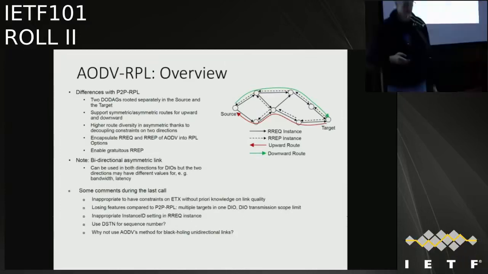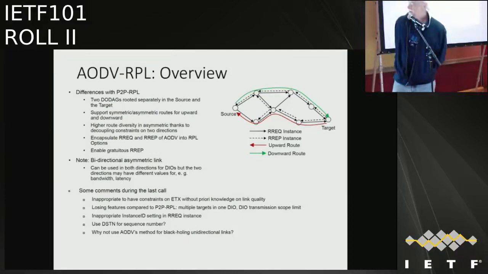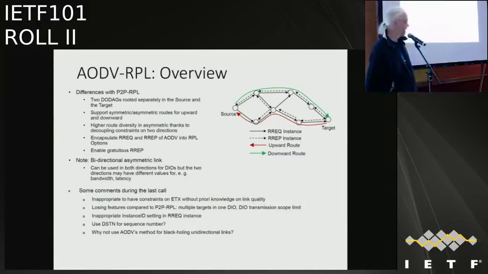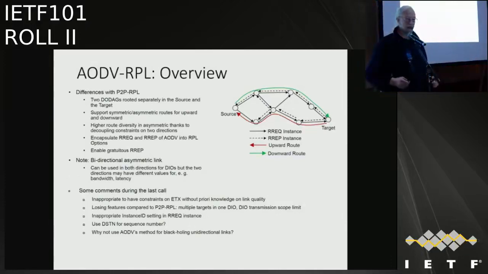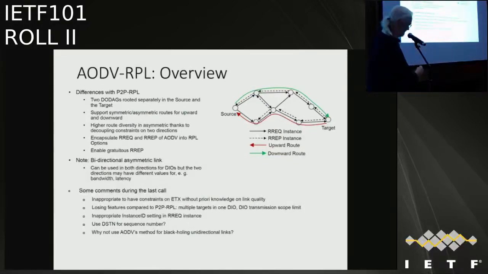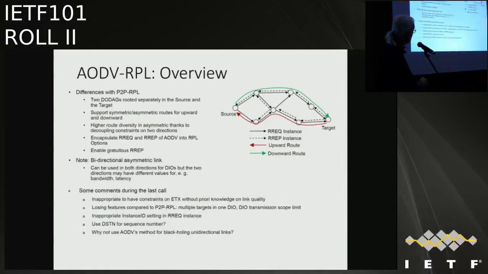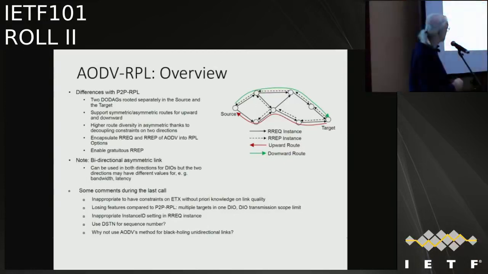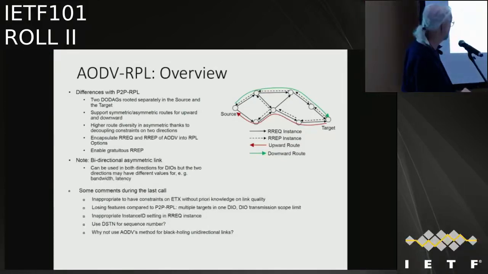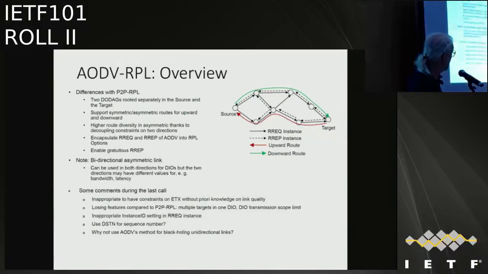I'm here to tell you about the progress with the AODV Ripple draft. The idea is basically that, between a source and a target, we're going to set up possibly asymmetric routes by using messages similar to AODV, a route request and a route reply.